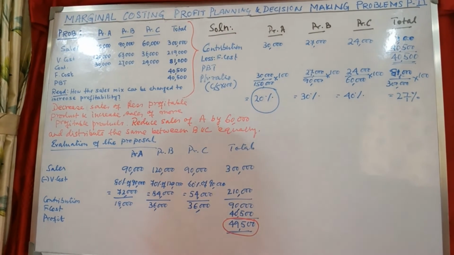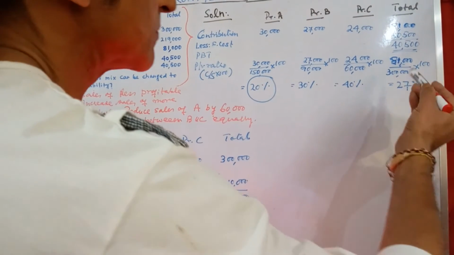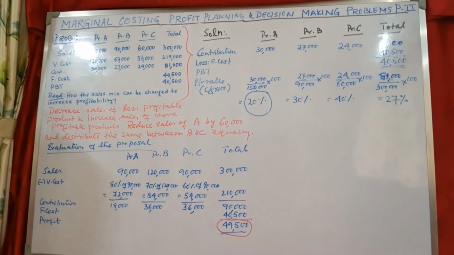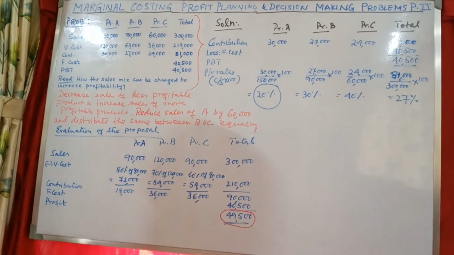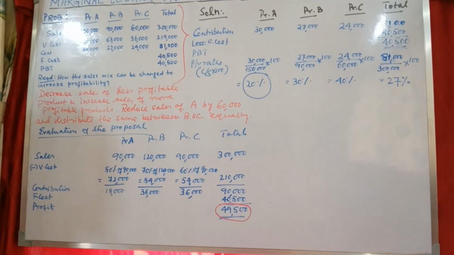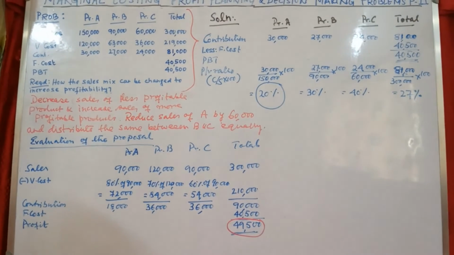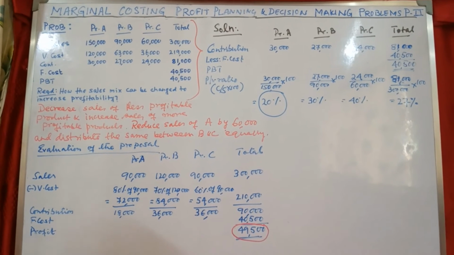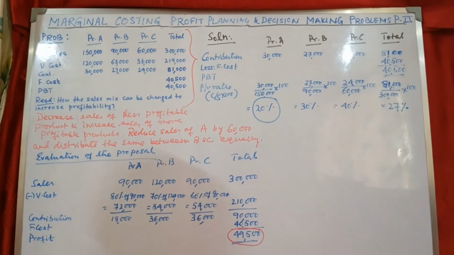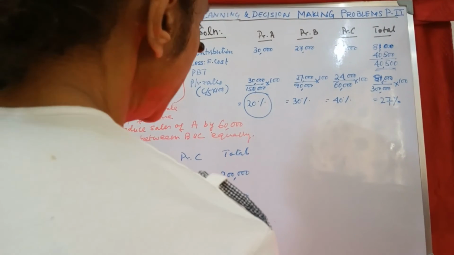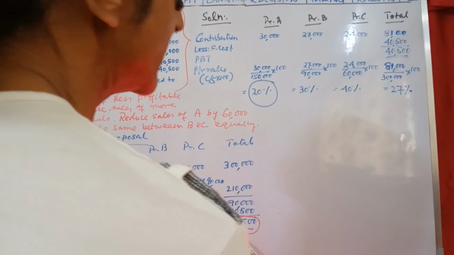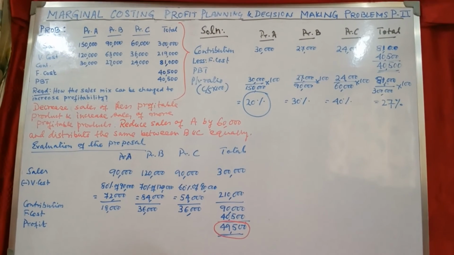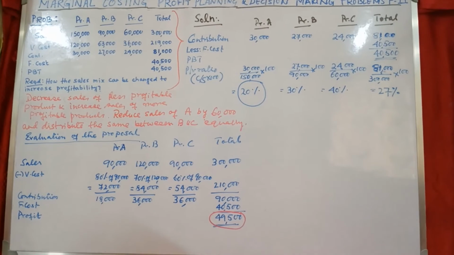Before the change in sales mix, the total profit was 40,500, and if the decision of the management, that is to reduce the sales of product A by 60,000 and distribute that sales between product B and C in equal proportion, then profit is increasing by the difference between 49,500 and 40,500. Correct?